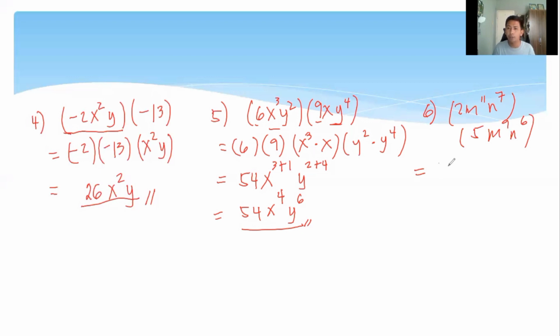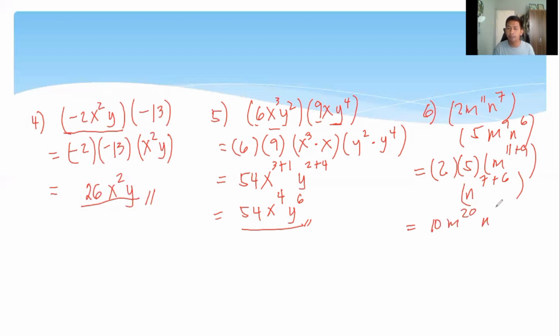We have 2 times 5. And then literal coefficients together, m raised to 11 plus 9. And then we also have n raised to 7 plus 6. And this will give us now 2 times 5, it's equal to 10. M raised to 11 plus 9, that's 20.